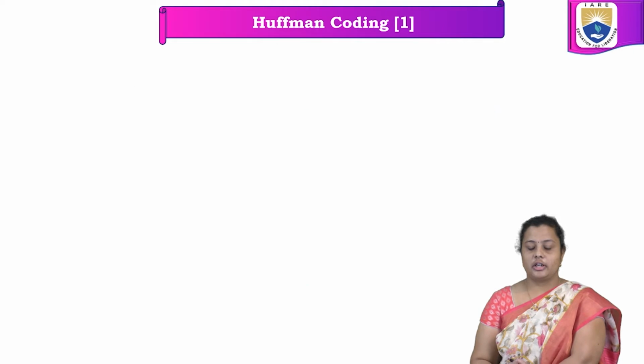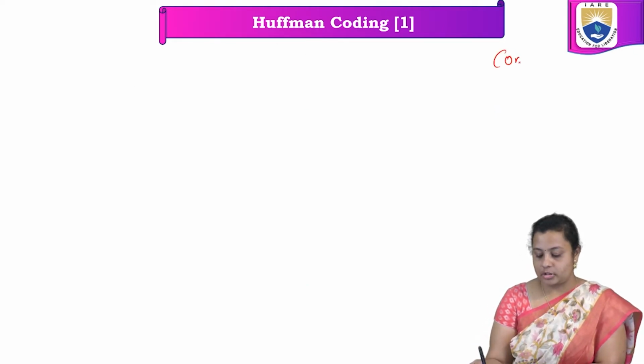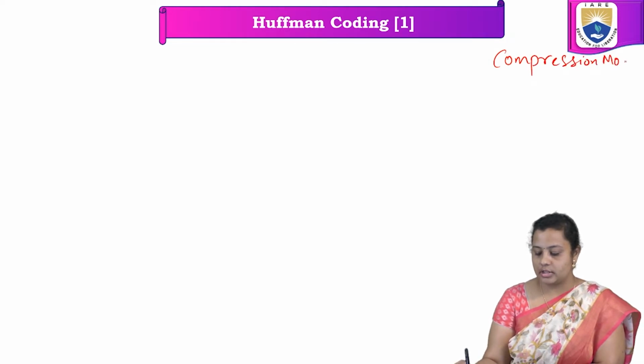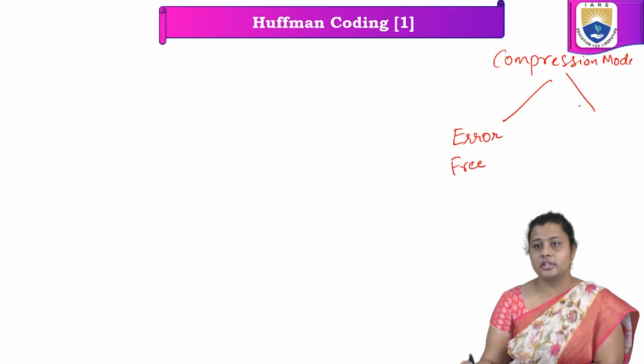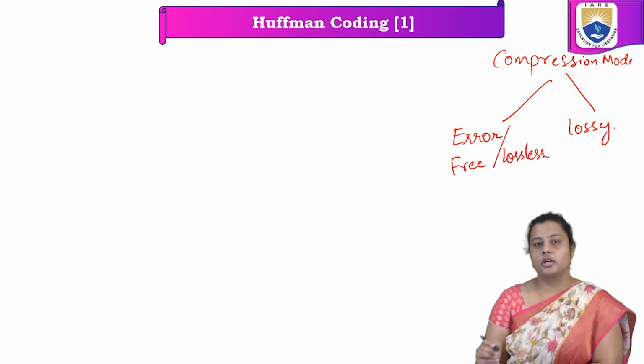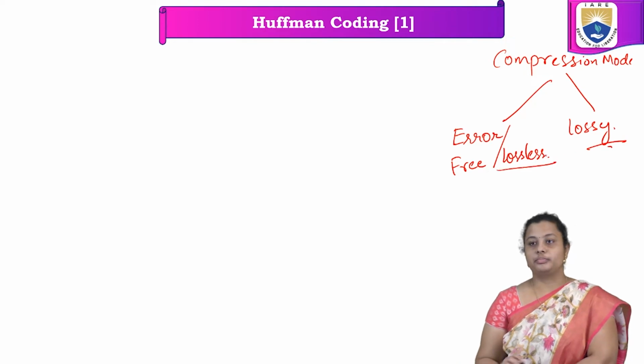What are the different image compression models? There are two types. First is error-free, which you can also refer to as lossless, and second is lossy.